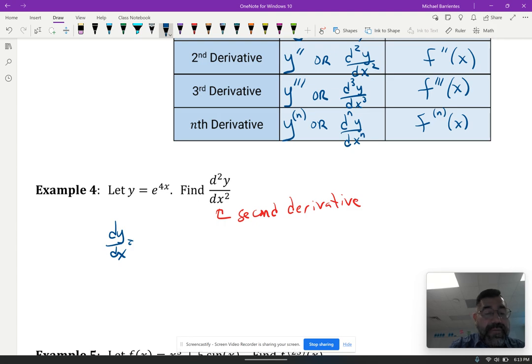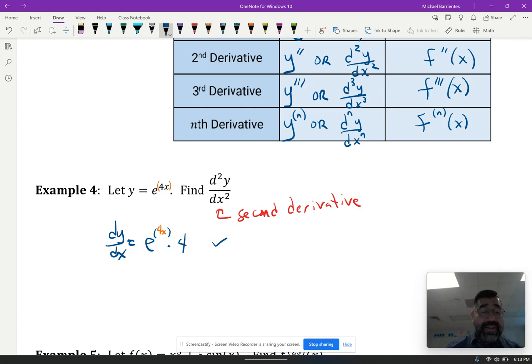Well, here I have a chain rule situation because I have an inside function and an outside function. So I'm going to take the derivative of the outside with the inside still in it times the derivative of the inside. And the derivative of 4x is just 4. And I'm done.